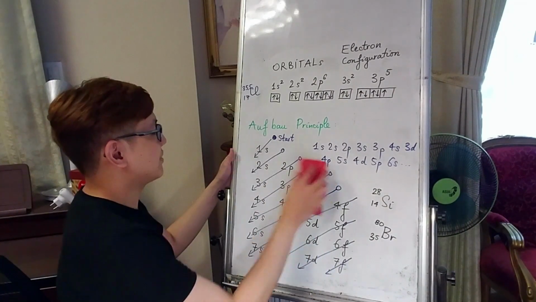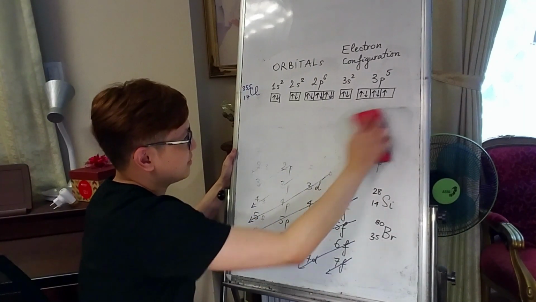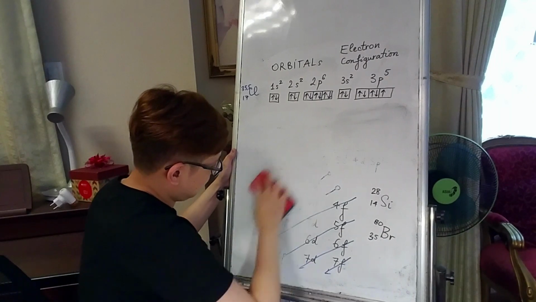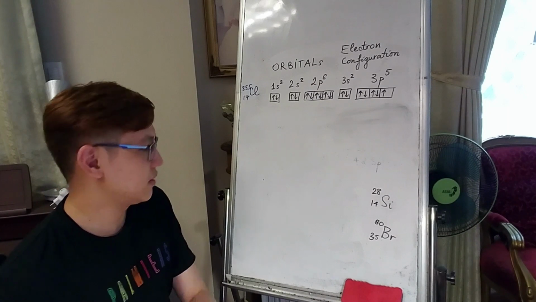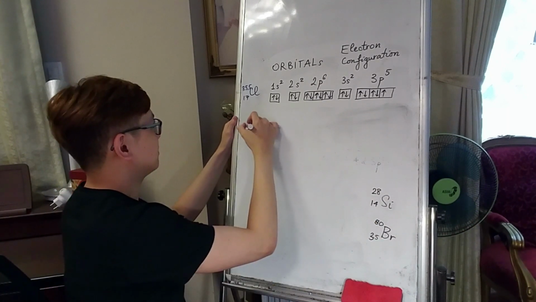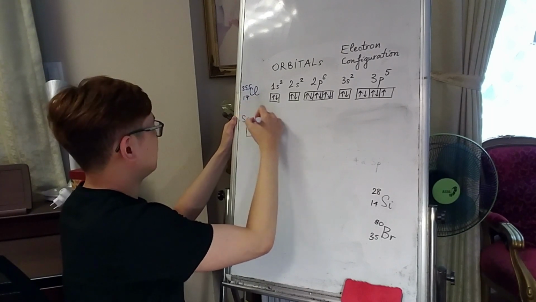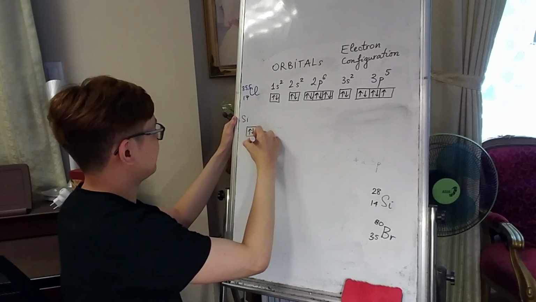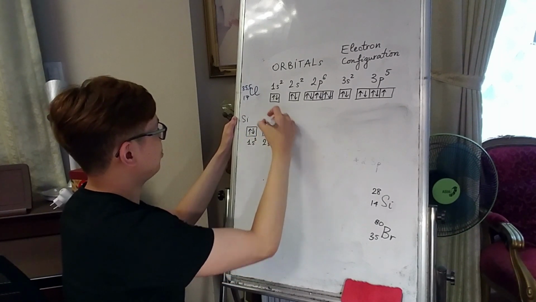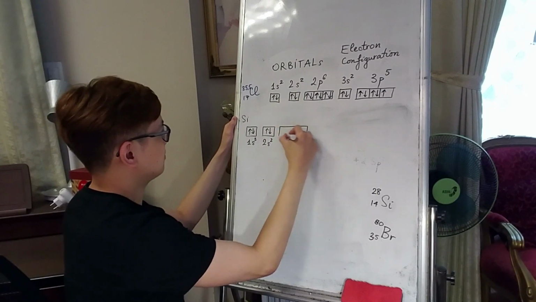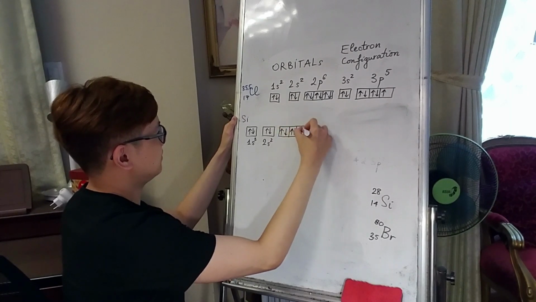Okay. So after a bit of practice, here's how we draw it. For silicon, same thing. You have 14 electrons to put in, so 1s2, 2s2, that's 4. Up, up, up, down, down, down.